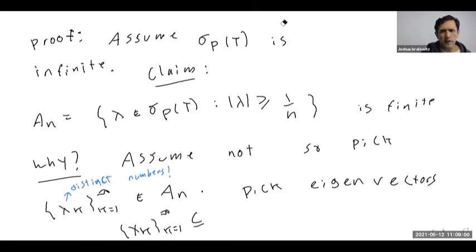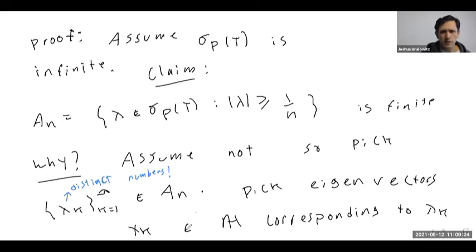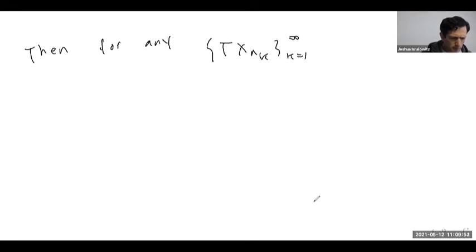Or rather, pick eigenvectors corresponding to lambda_k. Again, you don't need to do Gram-Schmidt. So take any subsequence, again x_{n_k}.